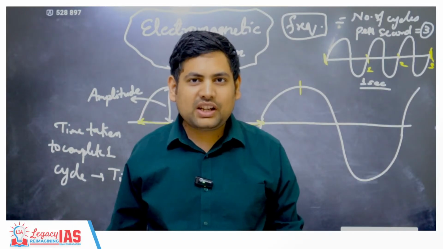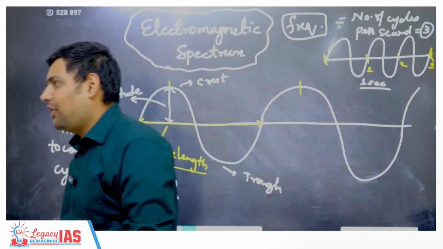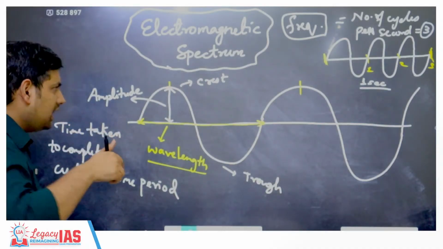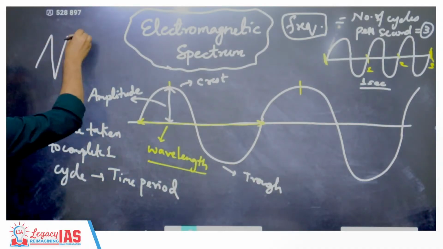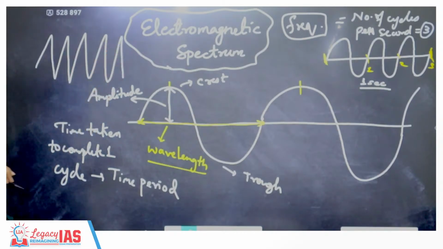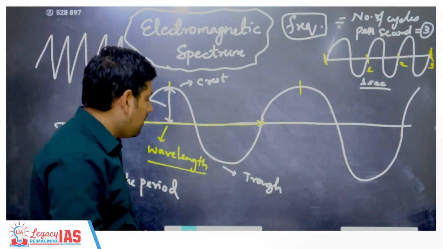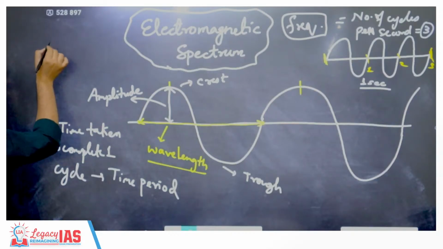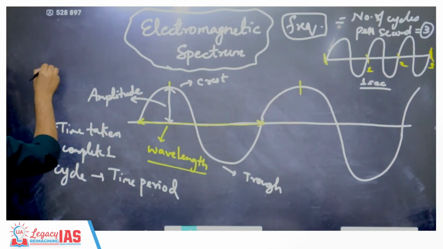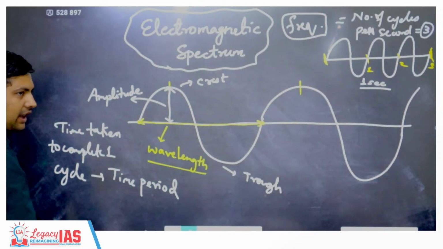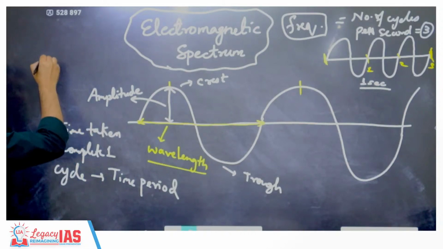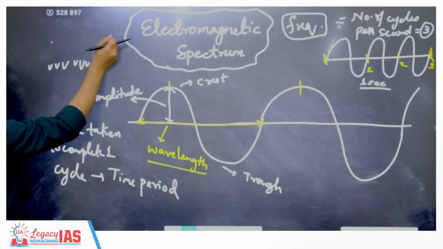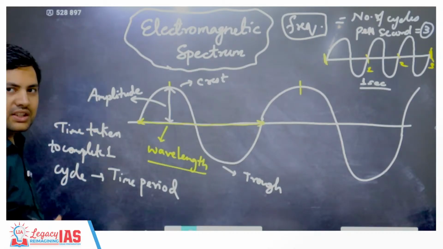You must have seen when you are playing songs, it gives you a diagram like this. Have you seen this? Now if somebody is singing or speaking very slowly, the diagram looks smaller, and if somebody is speaking very fast, then it becomes very close and like this. So this is because of the change of frequency and wavelength.